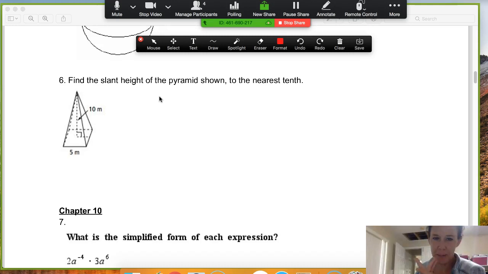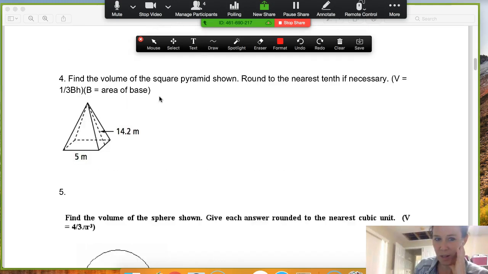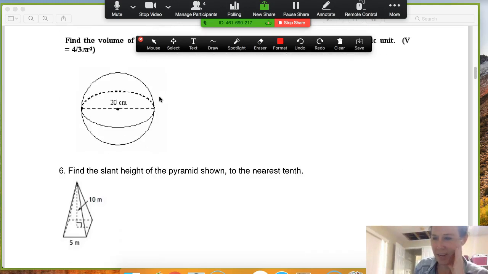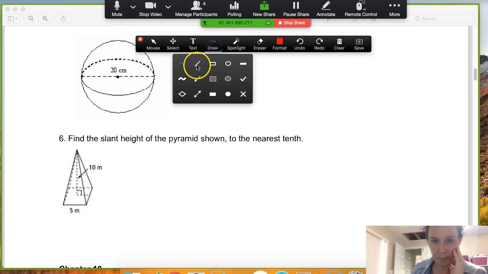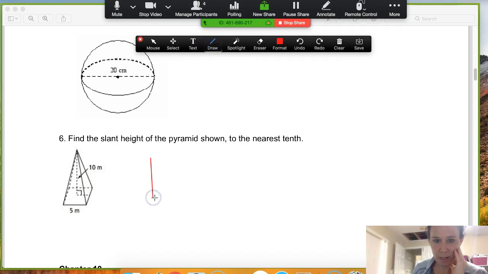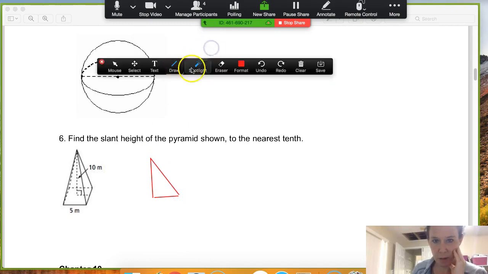The nice thing about number 6 is we just did number 4, where we had to find the slant height and then do all this other work. Number 6 is just the slant height, so it's easier. If that's 10, this is 5 across. So what is this little piece right here? 2.5? Yeah, just like the other one. It happens to be 2.5 again for this particular problem.